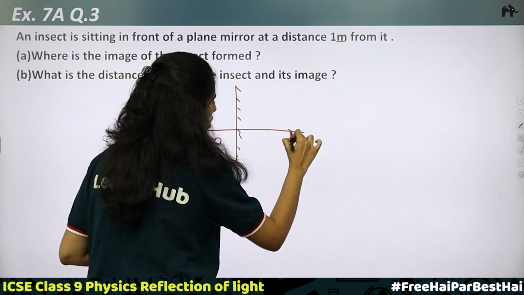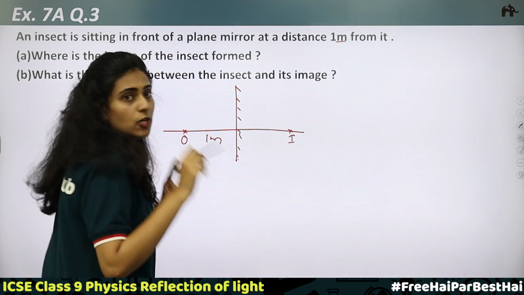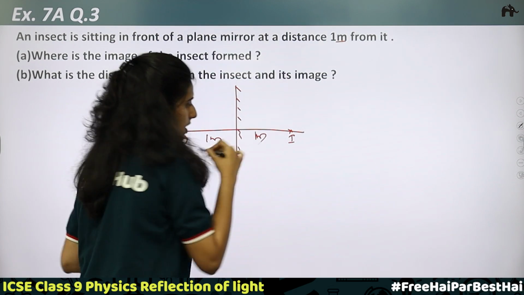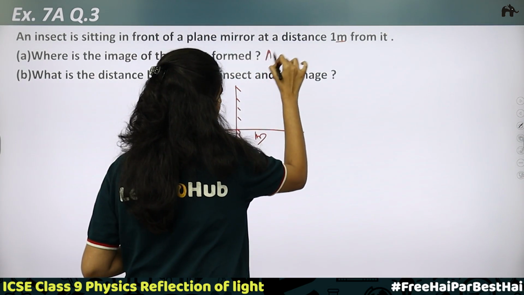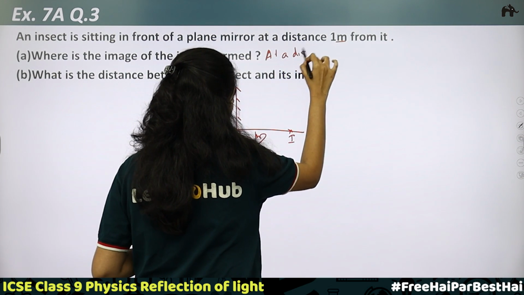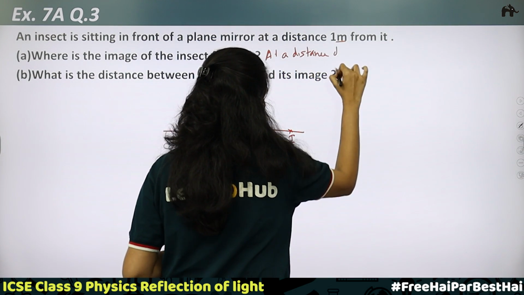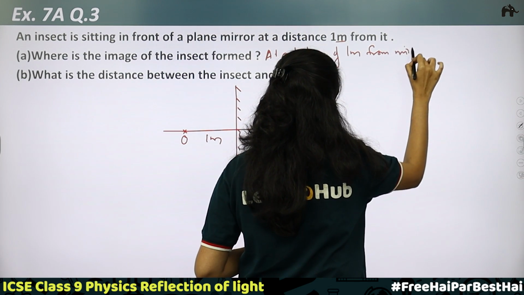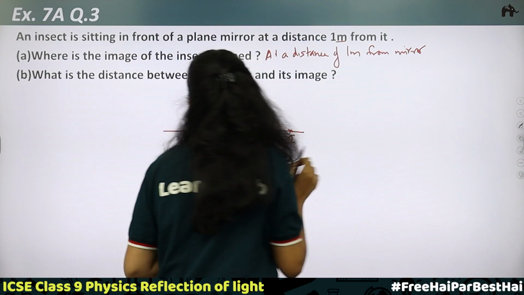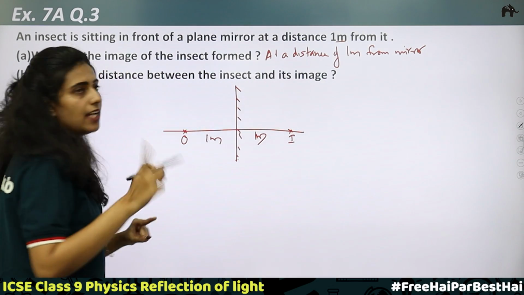The image will be formed on the opposite side of the mirror, which is again at a distance of 1 meter from the mirror. Next, what is the distance between the insect and the image?